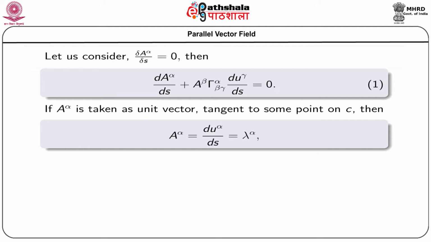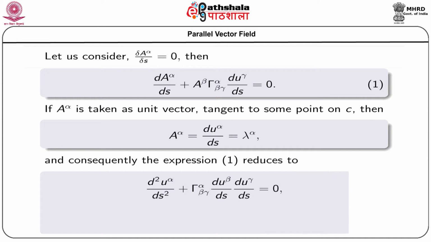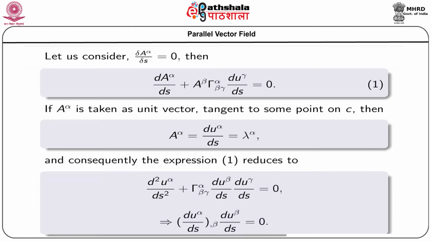So, if we replace A alpha by lambda alpha, then expression 1 reduces to d2 u alpha ds2 plus gamma alpha beta gamma du beta ds du gamma ds equals 0, which can be expressed in the form du alpha ds comma beta du beta ds equals 0.